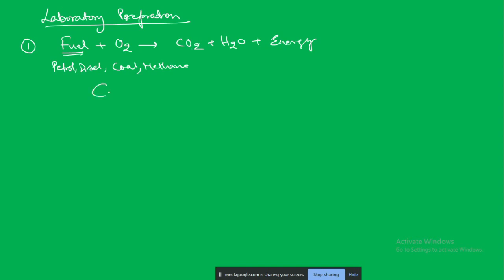For example, if we take the pure form of carbon, it may be diamond, graphite, or coke. Taking the elemental form of carbon and burning it in a sufficient amount of oxygen, we get carbon dioxide. Similarly, methane is a gas produced, for example, as biogas from cow dung.